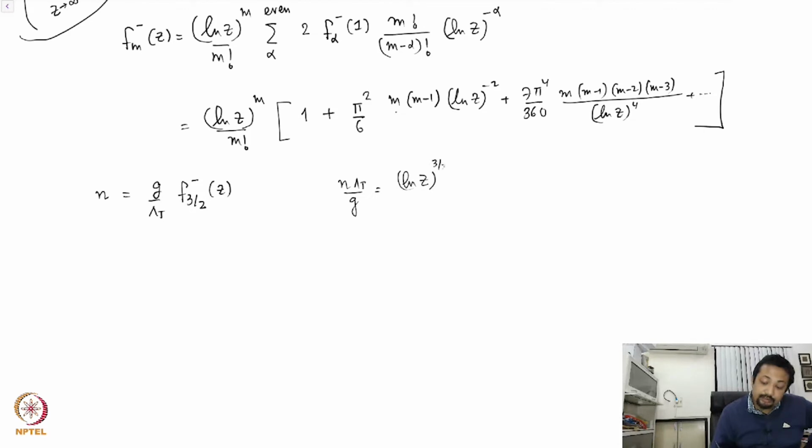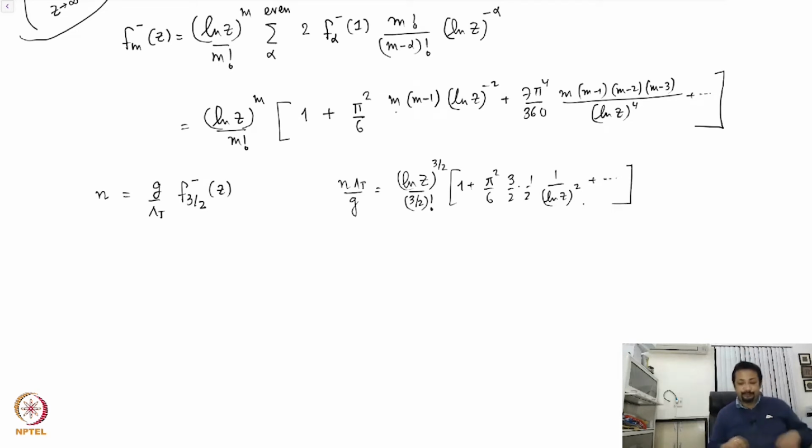ln z to the 3/2 over (3/2) factorial, times 1 plus pi squared over 6 m(m-1), with m equal to 3/2, so 3/2 into 1/2, and I have 1 over ln z whole squared. We'll keep the rest as higher order terms.